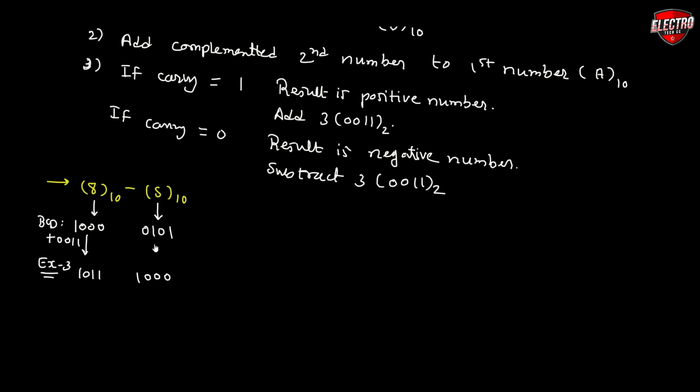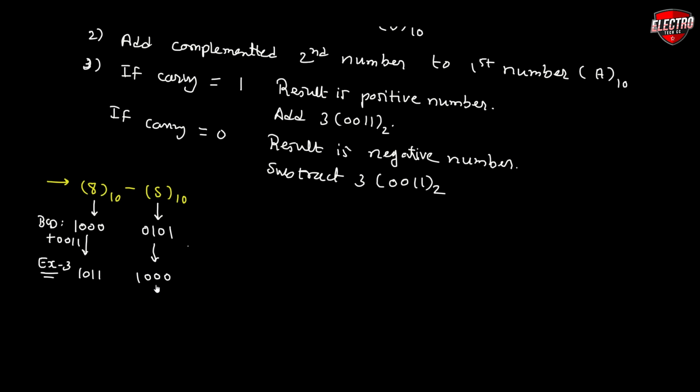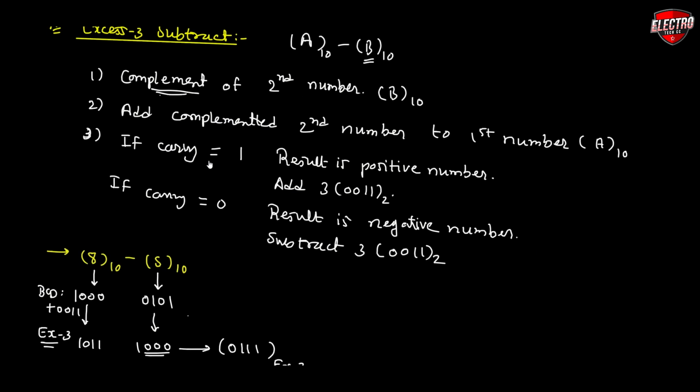This is the Excess-3 code for 8 and 5, and then we have to take the complement of the second number. In our case the second number is 5, so we take the complement of its Excess-3 code, and the complement is 0111. Okay, and the next step is to add the complemented second number to the first number.